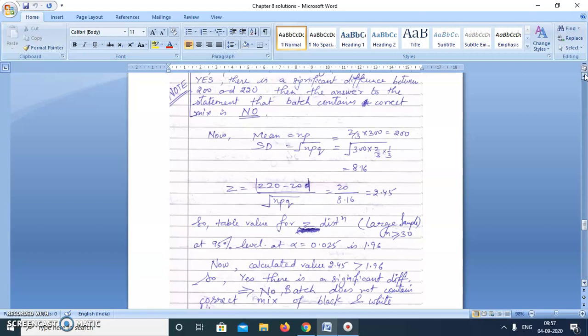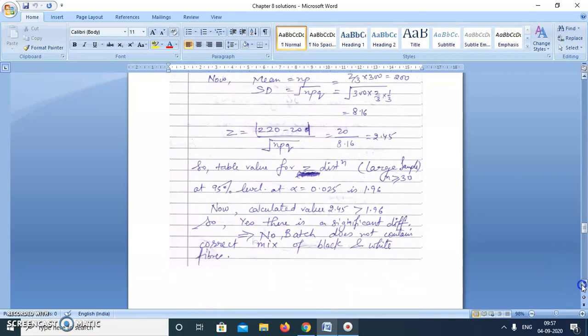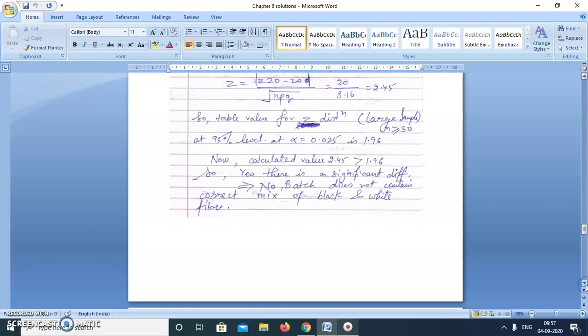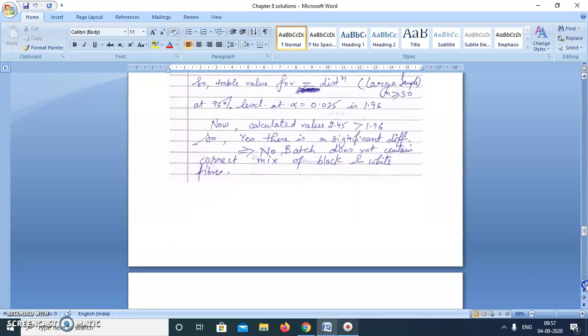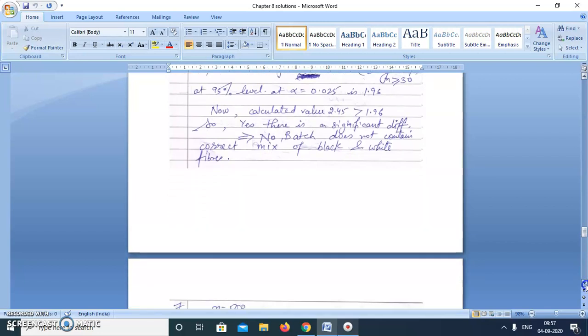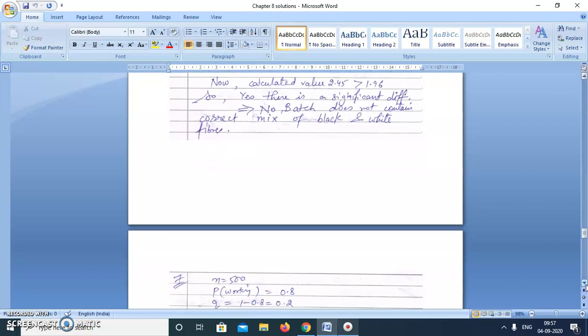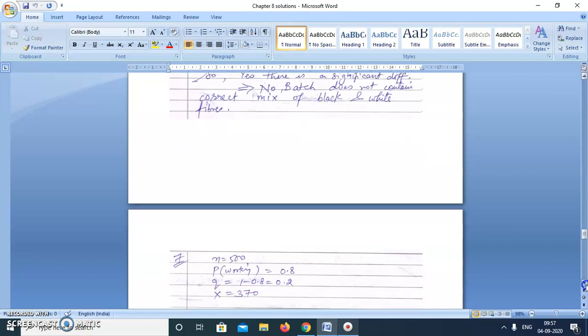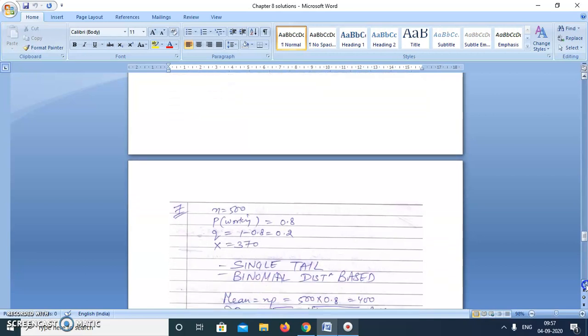So the batch doesn't contain the correct mix, because yes, there is a difference between the two means, and 220 is entirely different from the expected 200.